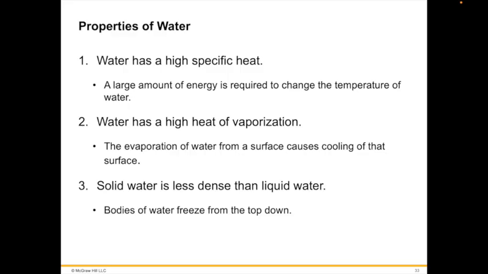The evaporation of water from a surface cools that surface. And many organisms dispose of excess body heat by evaporative cooling, for example, through sweating in humans and many other vertebrates.